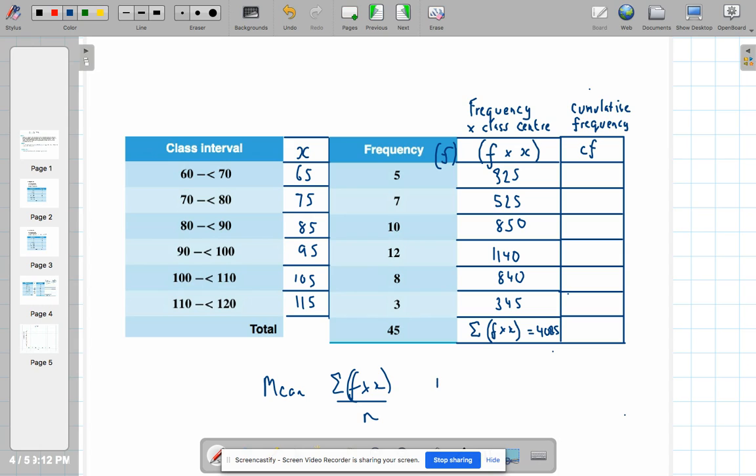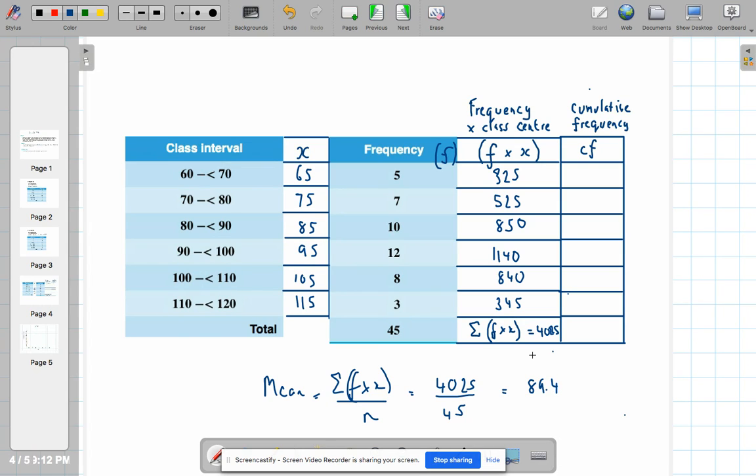So it's 4,025 over 45, and that gives me 89.4. Okay, so there's the mean.